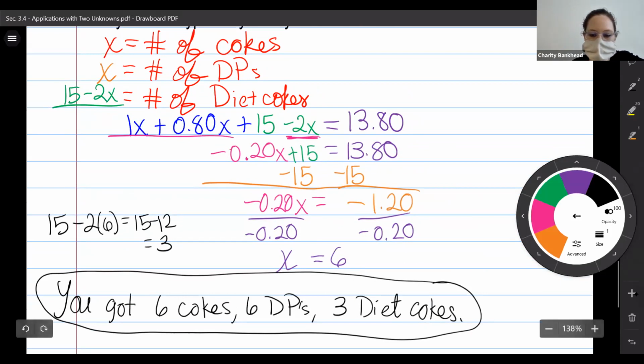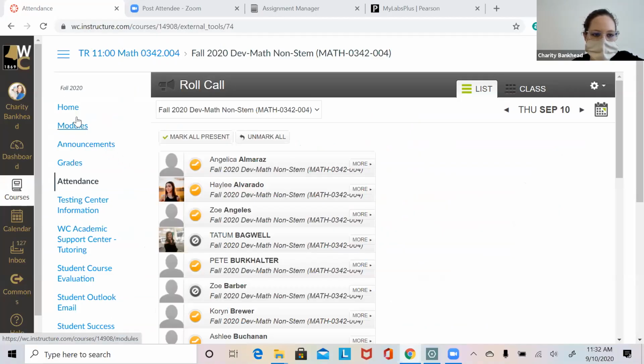Okay. So that is the end of 3.4. I have brought copies of the test review for you. For those of you who are not physically here right now, you can go onto Canvas and click on modules.